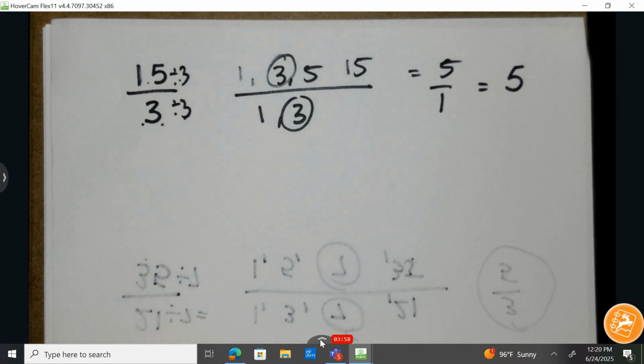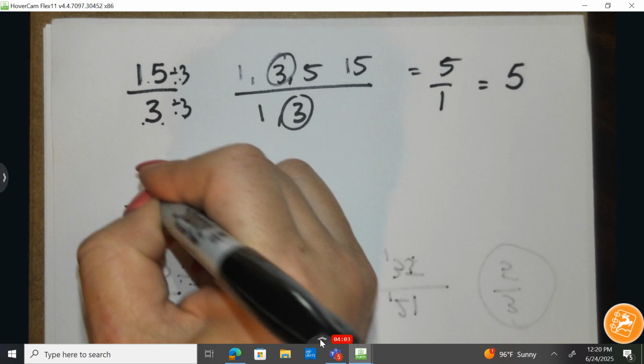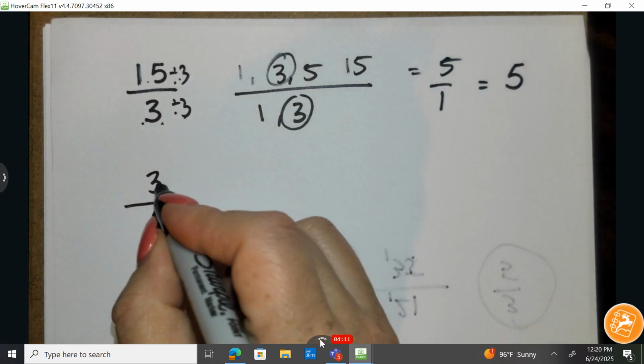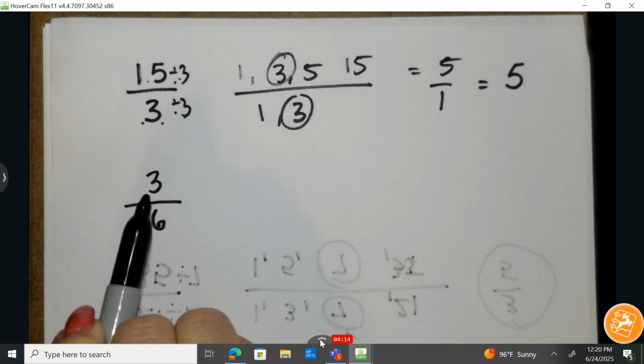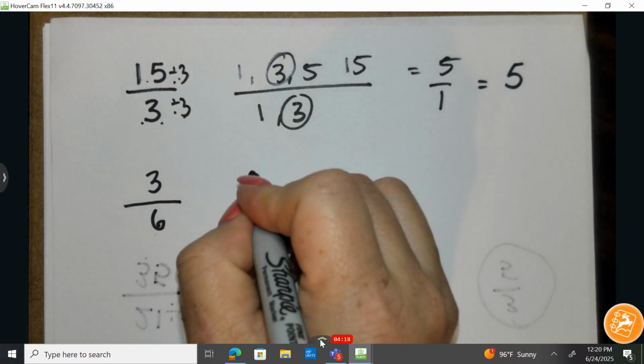Now here's where a lot of mistakes are made. If I write 3/6, I commonly see students reduce this to 2. So they recognize that the largest factor of the numerator is 3 and the largest factor of the denominator is 3. Again, how did they do this?